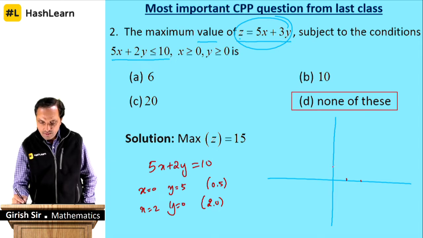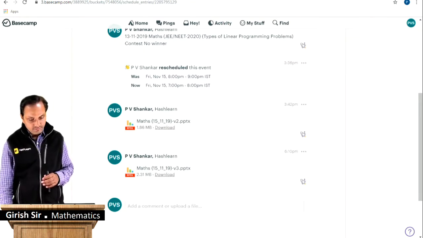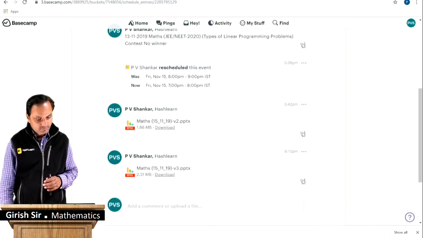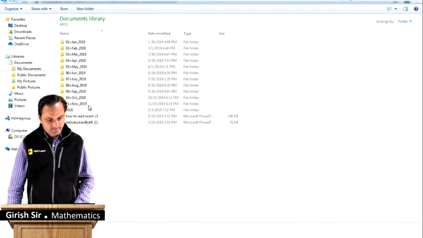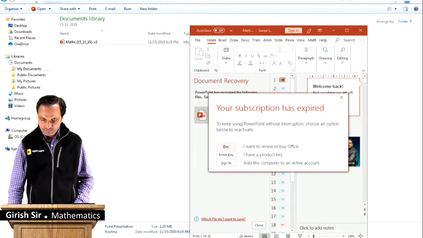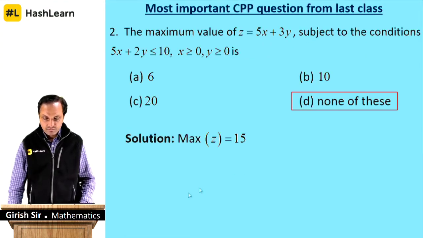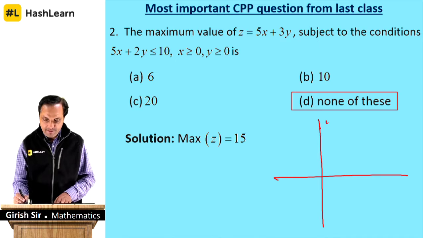So here 0 comma 5 is the point and here 2 comma 0 is the point.